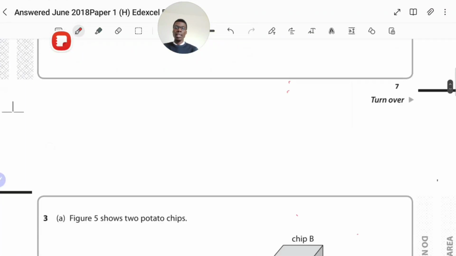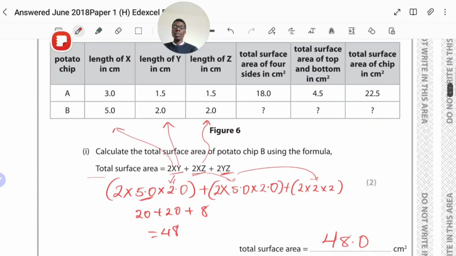So if you do that here, oh, beautiful. This is what I did here: 2 multiplied by x, and x here is 5. You just input the whole value there. If you do that very well, you should get this value here, and that's simple. But of course, we have other questions with this question.